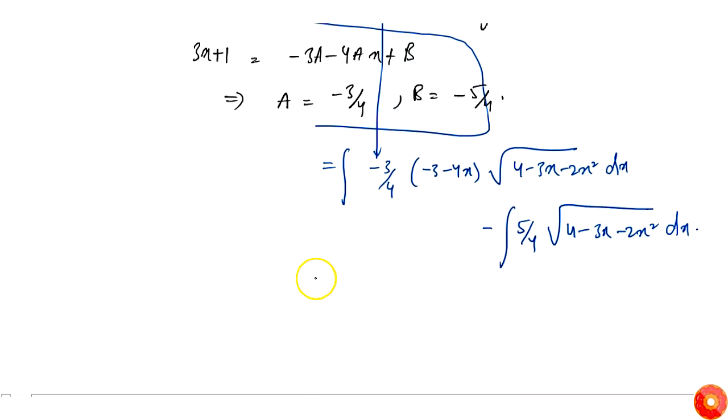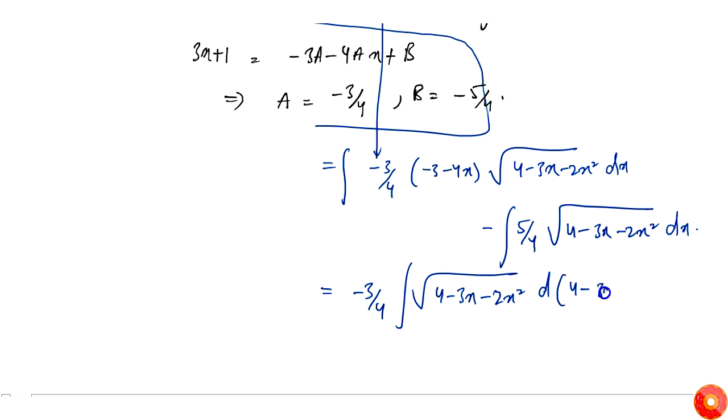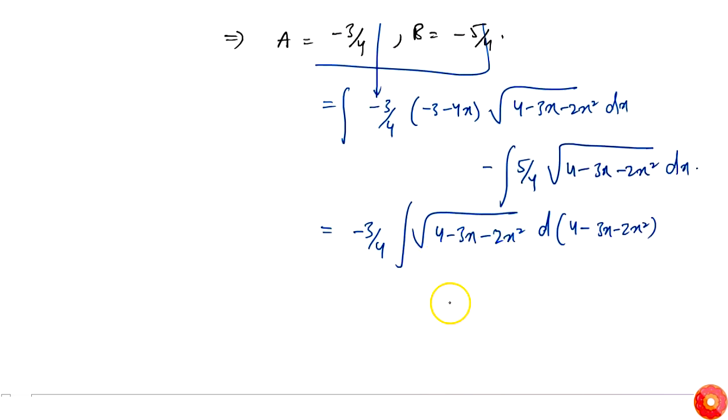So this will be equal to minus 3 by 4 common, into square root of 4 minus 3x minus 2x square into d of 4 minus 3x minus 2x square, plus or minus integral of 5 by 4 into square root of 4 minus 3x minus 2x square dx.